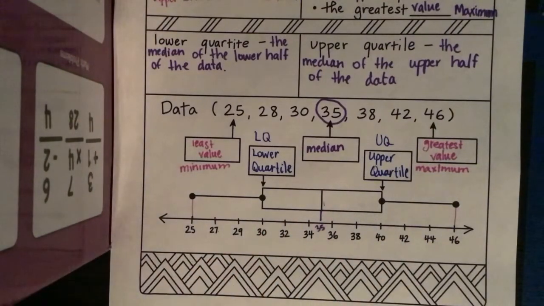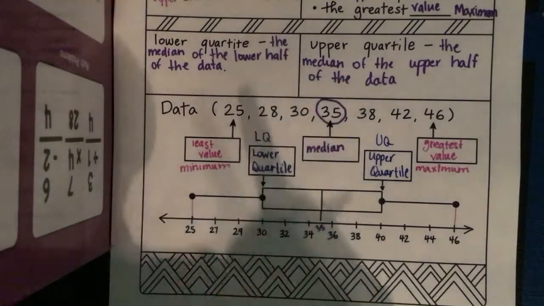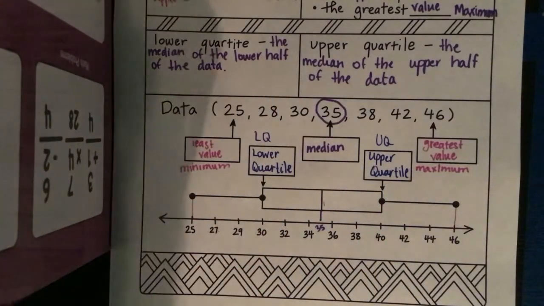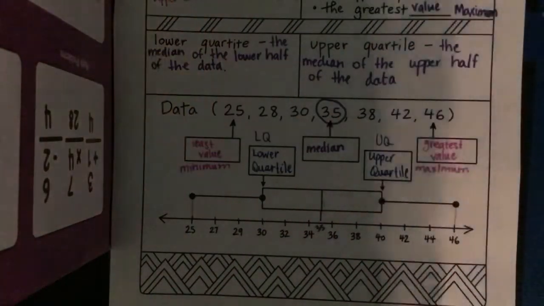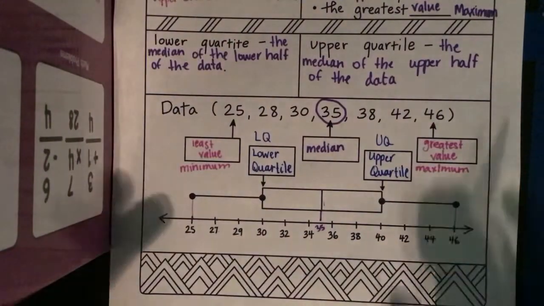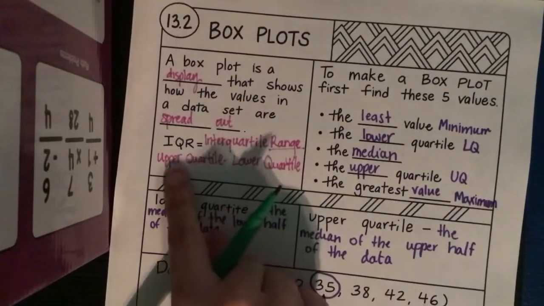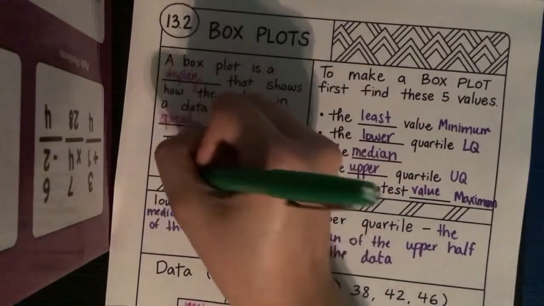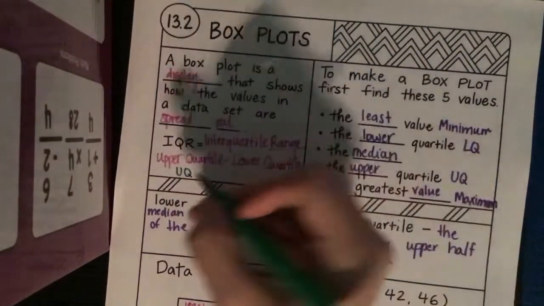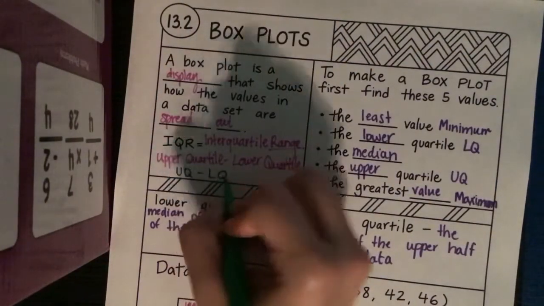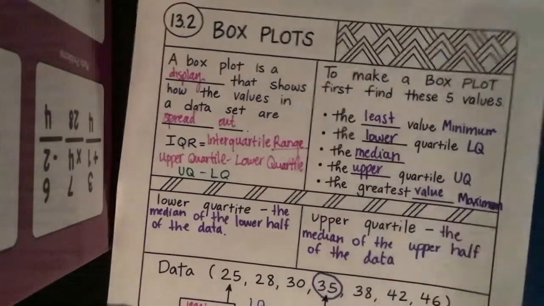So now very quickly, let's go over the IQR. We know the IQR is the inner quartile range, and whenever we see range, we know we're going to subtract. So if we look up here, we know that the IQR, we subtract the upper Q minus the LQ. So that's what we're going to do.